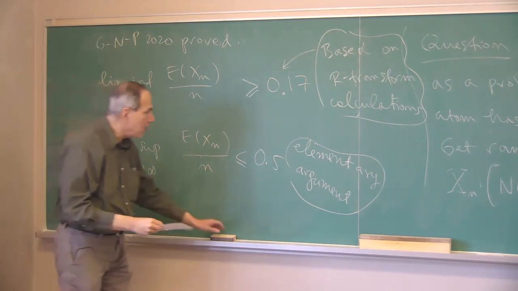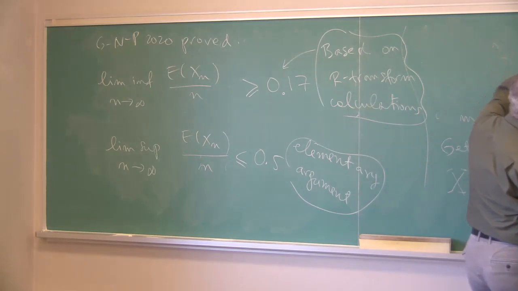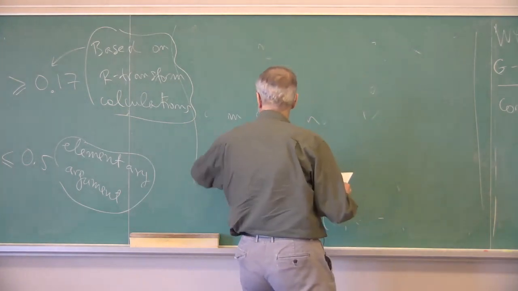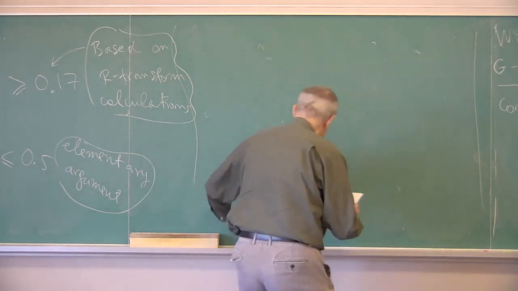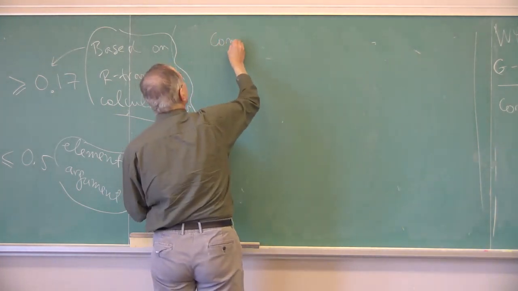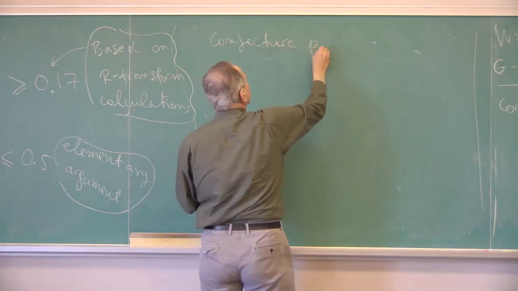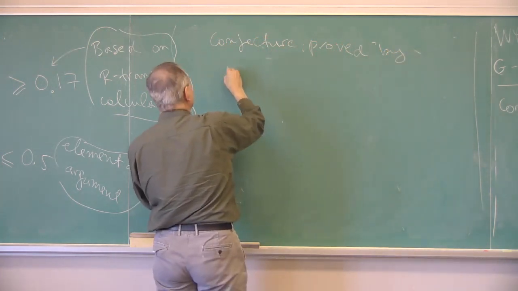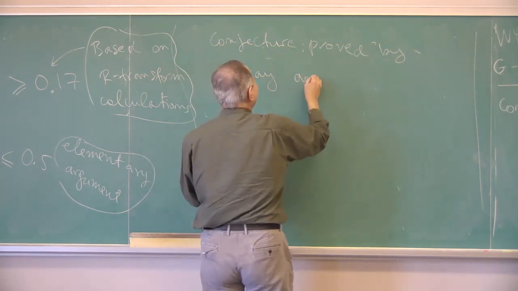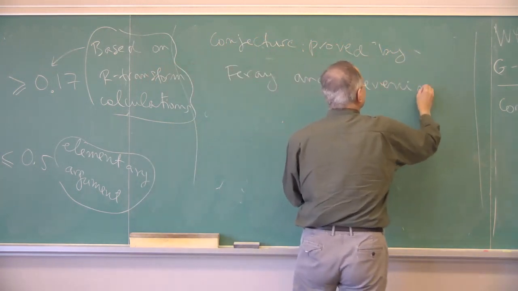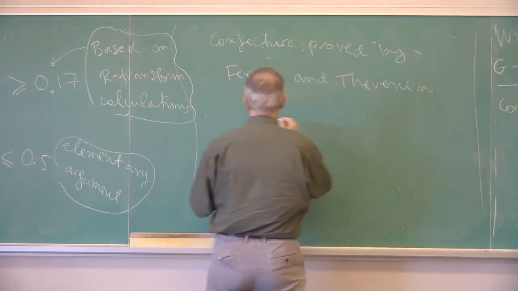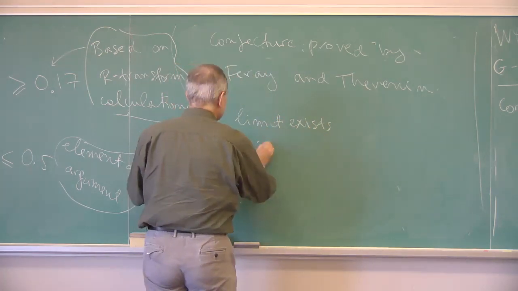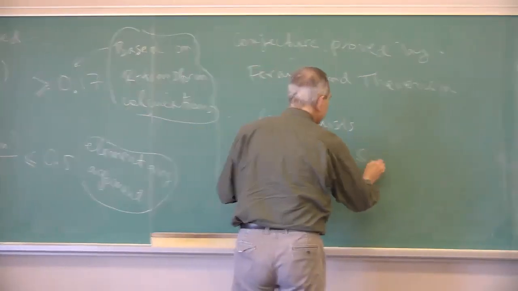Now, as I said, in the meanwhile, recently, in a paper posted this January, the conjecture was proved by Valentin Féray and Paul Thévenin. The limit exists, and it is greater or equal 0.2, less or equal 0.3.